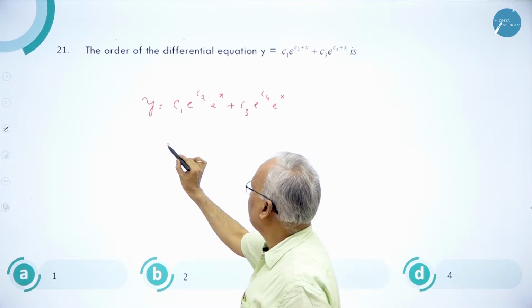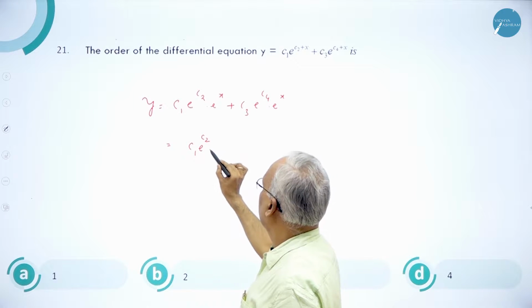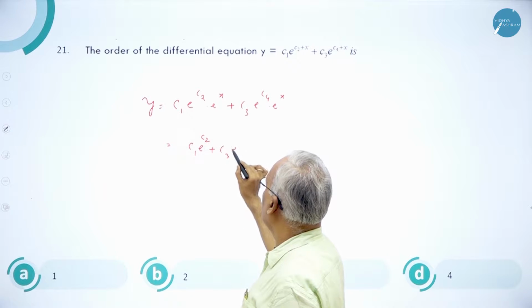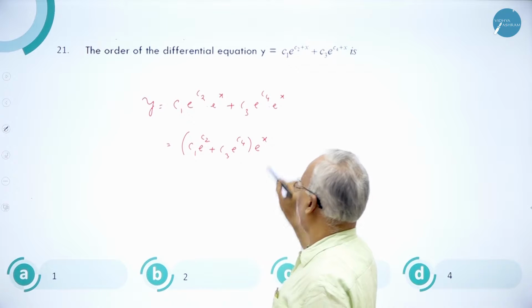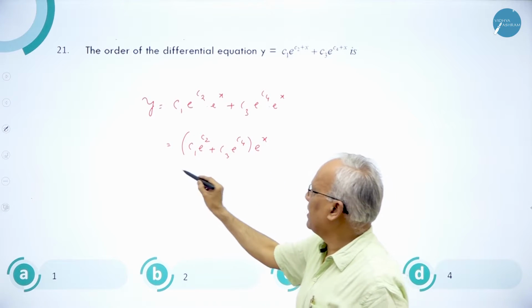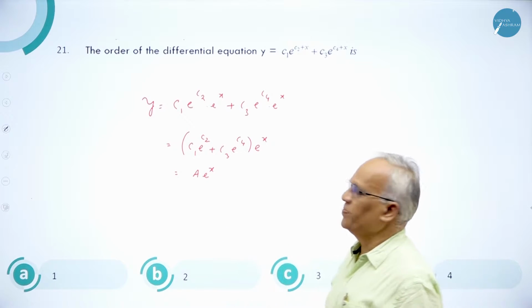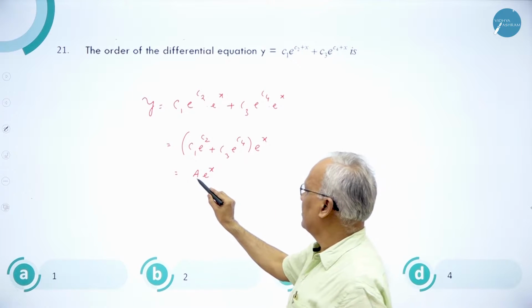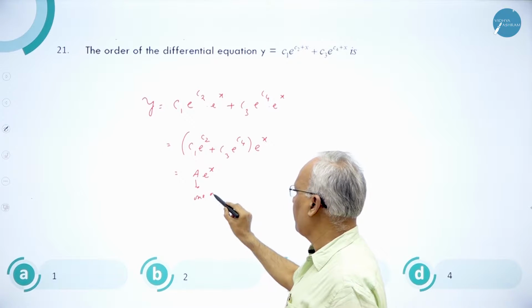Now you can write this as c1 e power c2 plus c3 e power c4 whole thing into e to the power of x. Now this whole thing can be taken as one constant into e to the power of x. Therefore, number of arbitrary constant is only 1. So only one arbitrary constant.